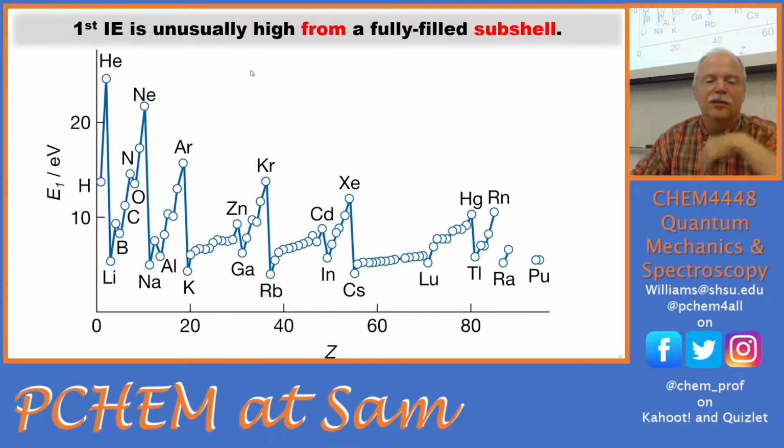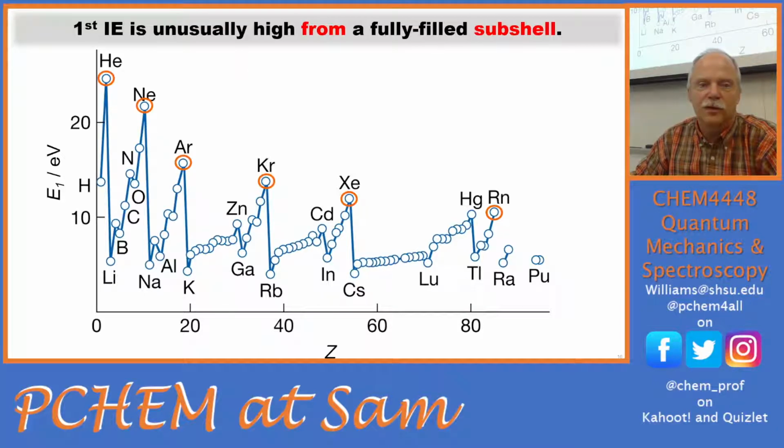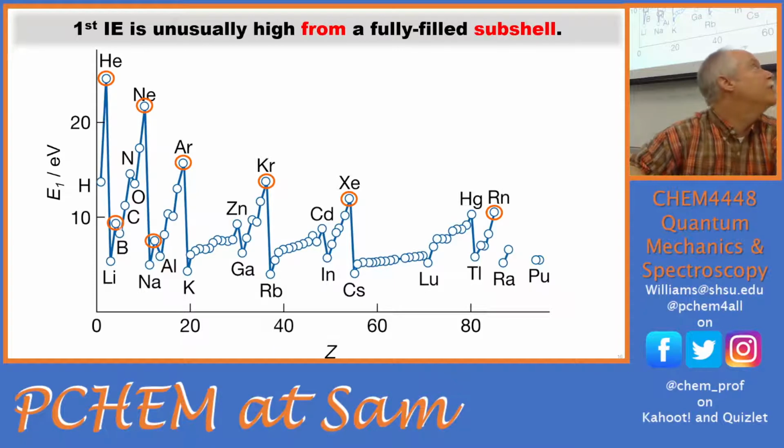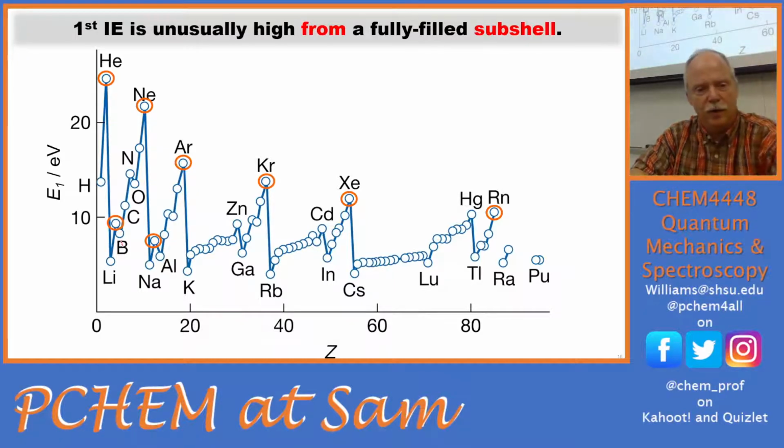And so this is also what we see with the noble gases, these fully filled subshells, but also the s orbitals too. Notice this little glitch. So lithium, and then it goes to beryllium, and then boron. So this beryllium is a little higher than we expect, and sodium going over to magnesium. Magnesium is a little higher than we expect. Look at aluminum here.